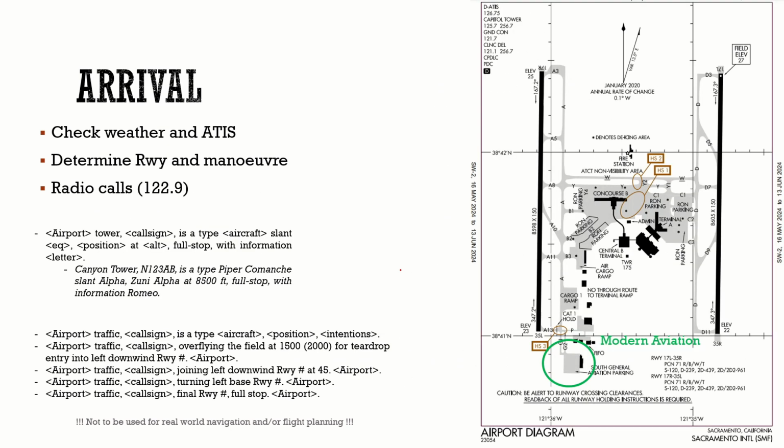Arrival, as I said, this is an example of the call, and obviously not Canyon Tower, but Capitol Tower, right? If you bring up the airport diagram chart, normally you would maybe call it Sacramento traffic, right?